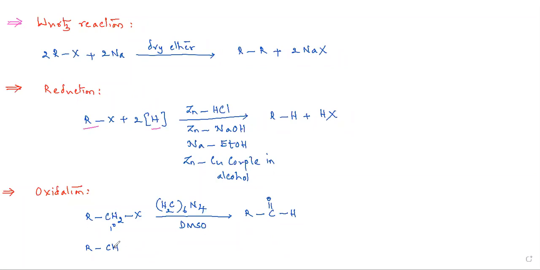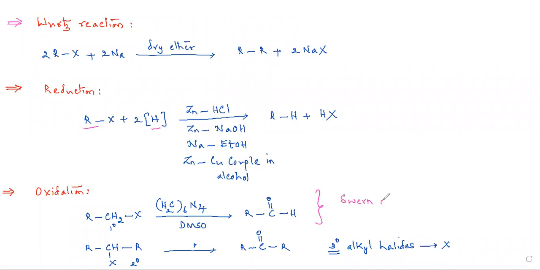The secondary ones, this type, undergo oxidation to form ketones. Tertiary alkyl halides do not give this reaction. Now, this is actually called Swern oxidation. Okay, this of course is urotropin or hexamethylene tetramine.